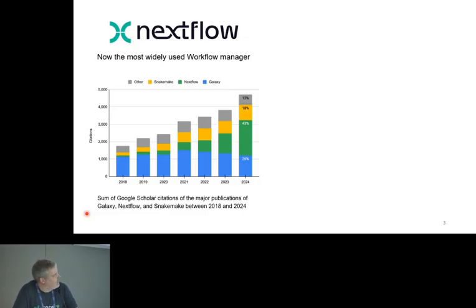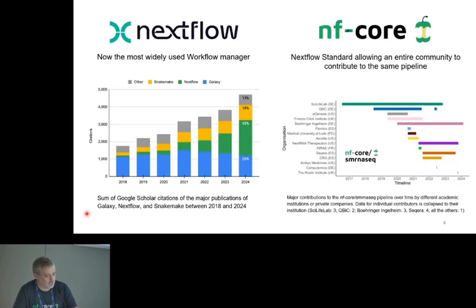But of course, if you have a language, you can speak it properly or you can speak it in a bad way. And if you want to speak it politely, you need a standard. And this standard is nf-core. So nf-core is a standard for developing good practice Nextflow pipelines. And this standard allows you to do things like several groups contributing to the same pipeline at the same time.